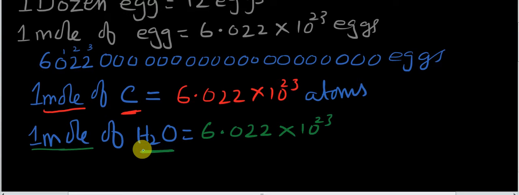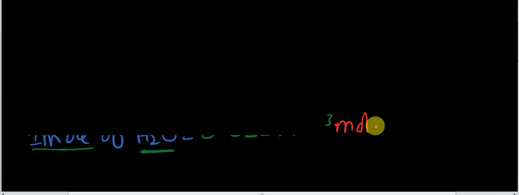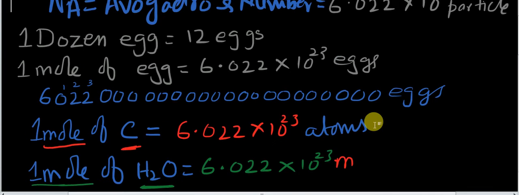H2O is a molecule. More than one atom is present, so it is a molecule. So you have to write 6.022 × 10 to the power 23 molecules.